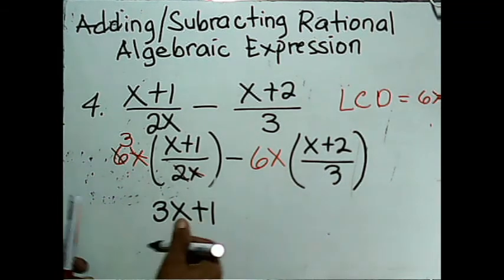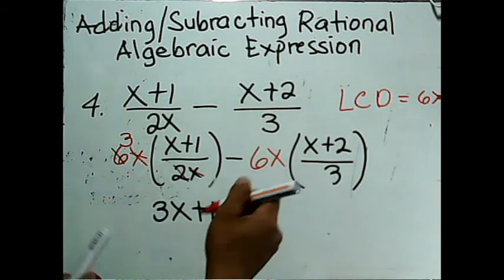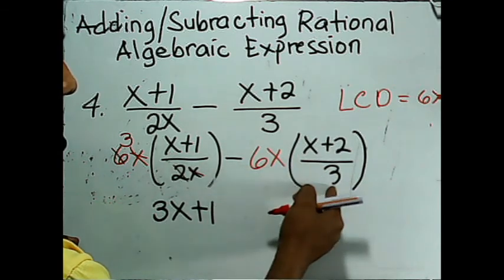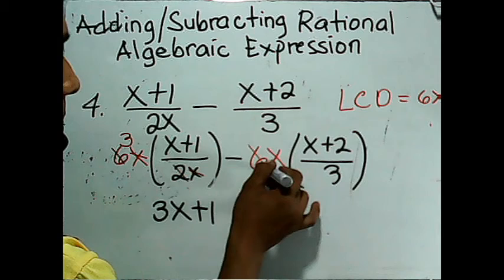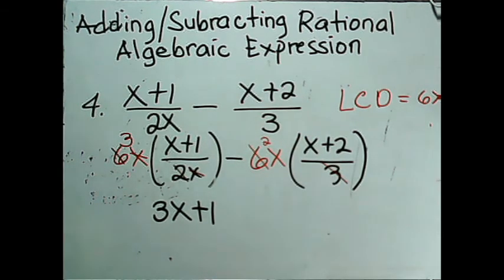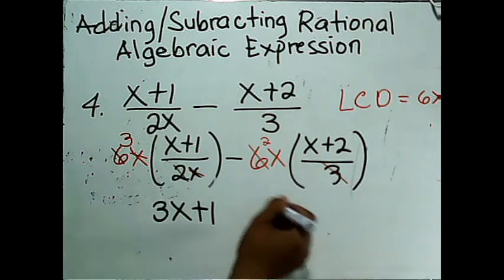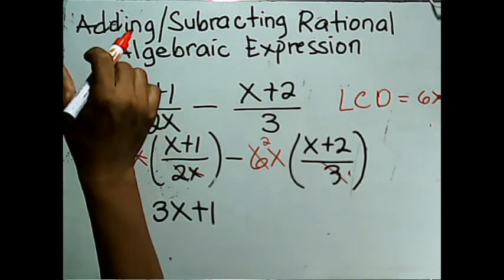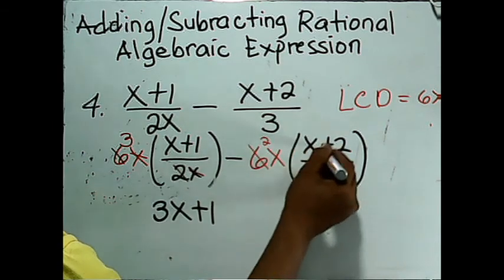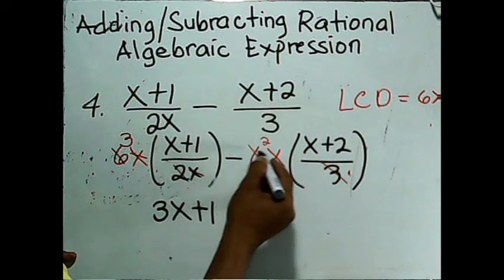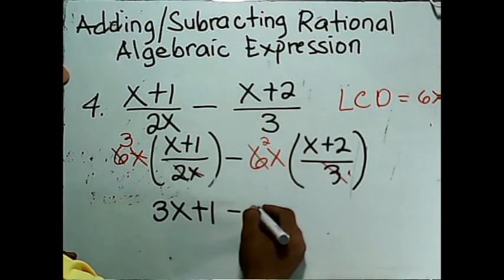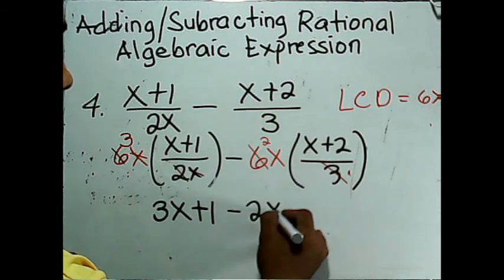And then in this part, we also divide 6x and 3. So 6 divided by 3 is 2, and 3 divided by 3 is 1. So it's 1 here. And then we multiply negative 2 times x is negative 2x.